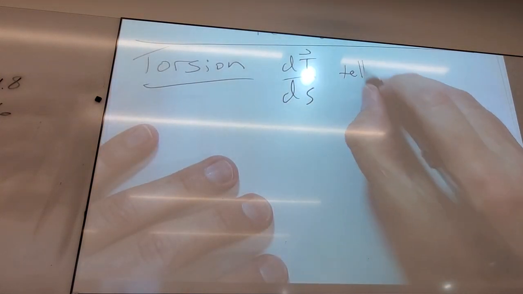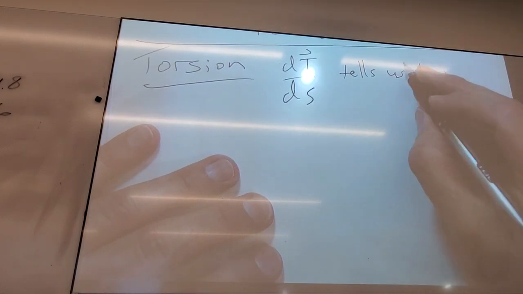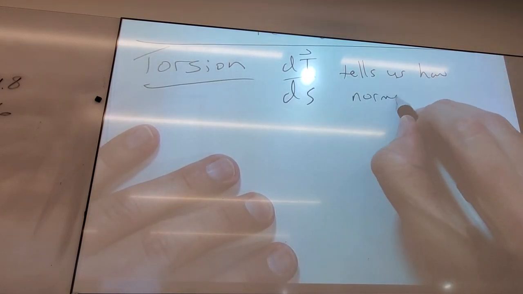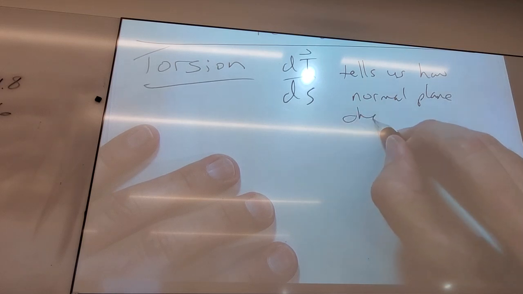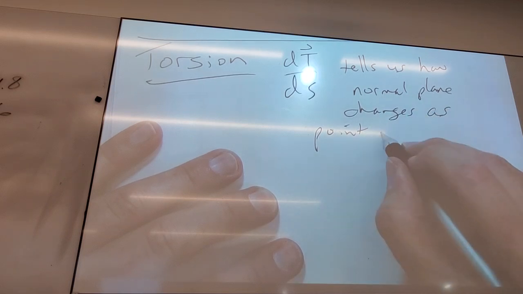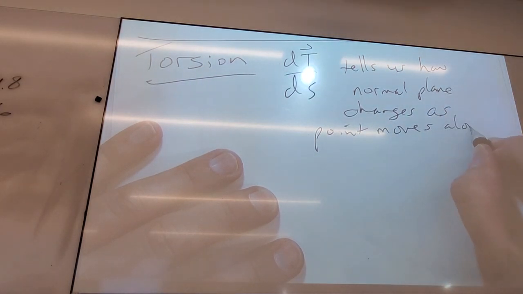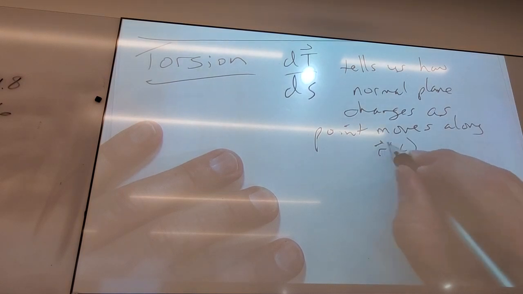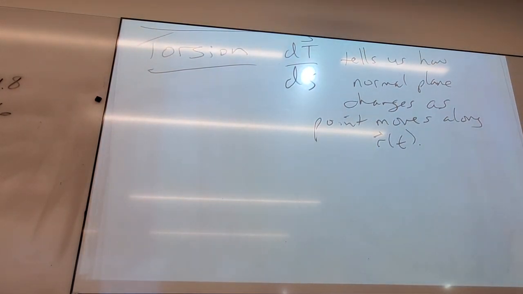This one tells us how the normal plane changes as our point moves along our trajectory. So if I move in all dimensions, my normal plane could change orientation, correct? And this would give me some idea of how that's happening. If it's 0, obviously that means that it's not changing its orientation.